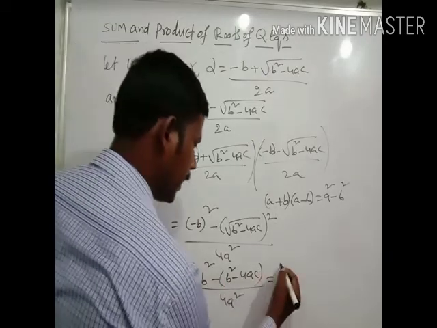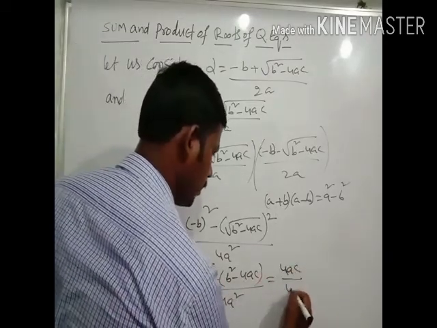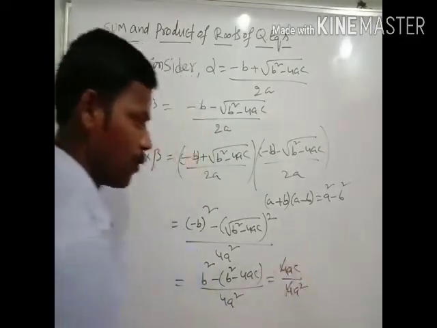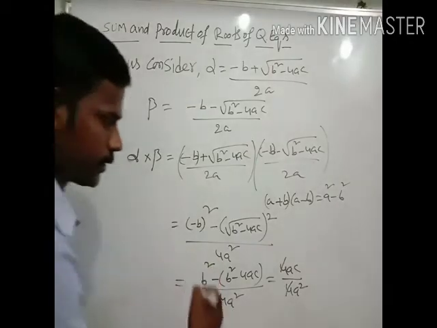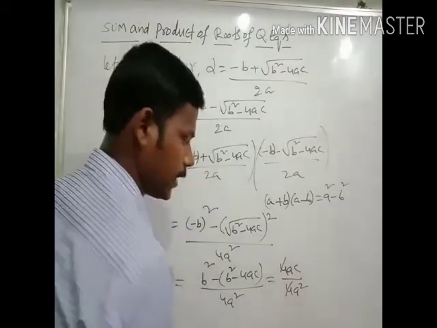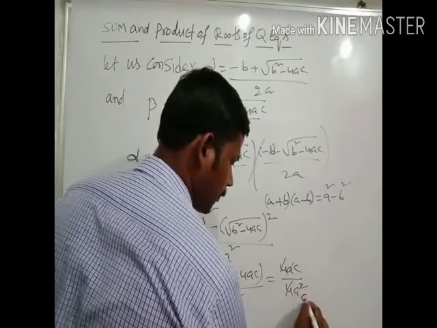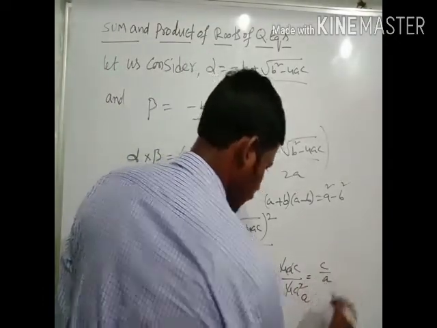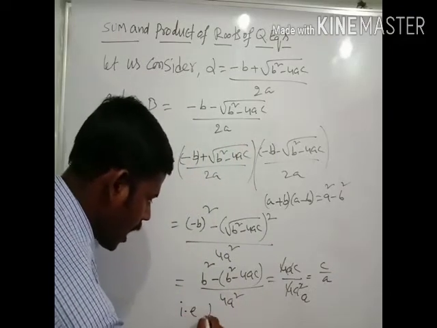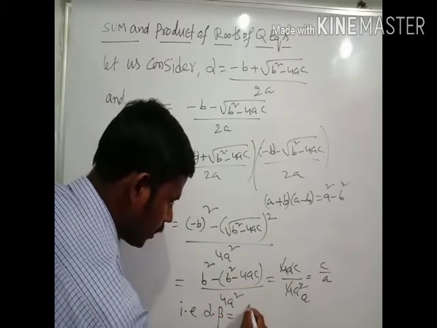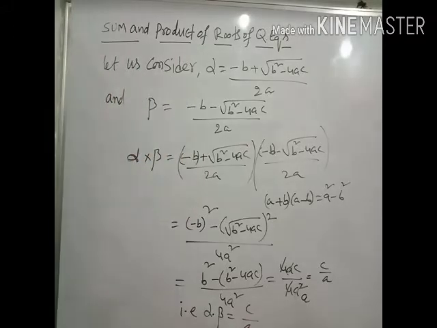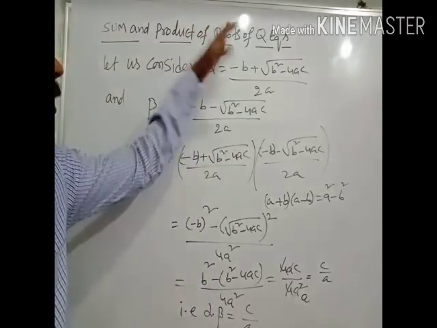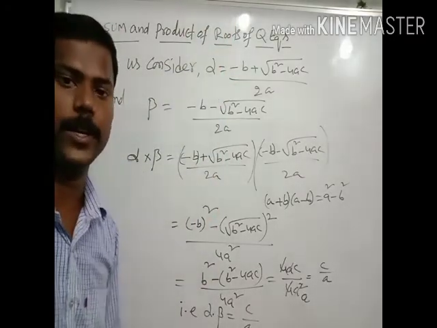Minus into minus plus, 4ac by 4a square. Now simplify. Numerator 4 divided by denominator 4, cancel. Here a is there, here a square is there. Cancel. How many a's are left? 1a. This is equal to c by a. That is alpha into beta equal to c by a. So this is the formula to find the product of the roots of a quadratic equation.